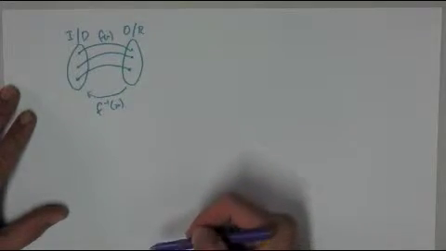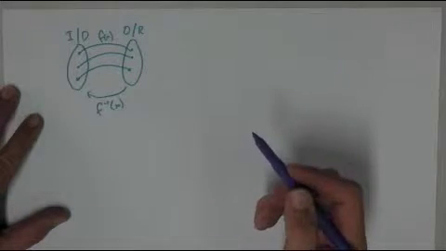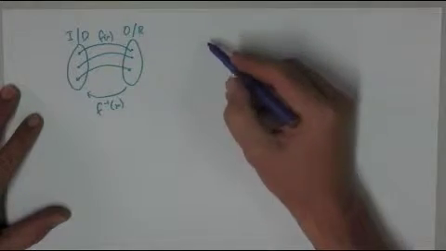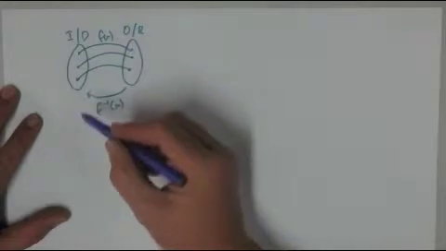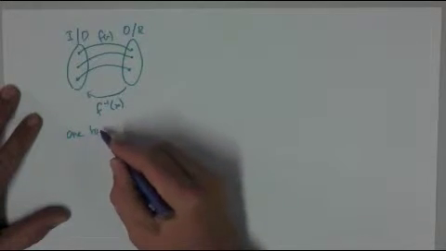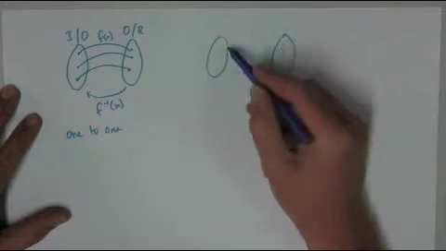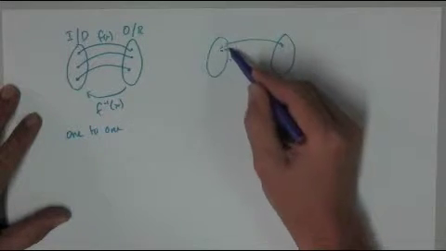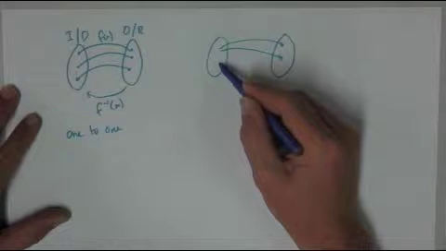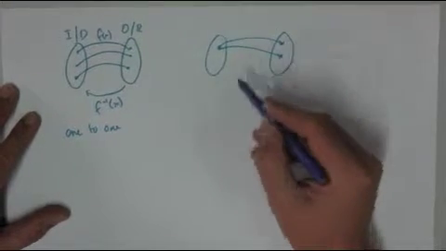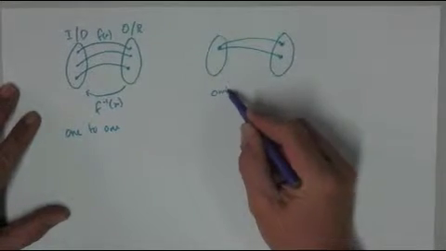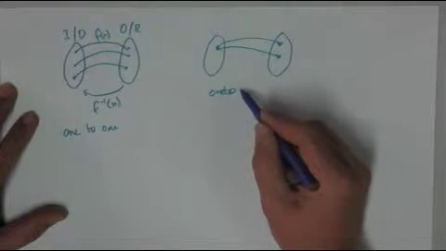Now what does this mean? Well, if we remember our three types of situations that we have, the one-to-one situation, so this one being one-to-one. We have a one-to-many situation, one-to-many.